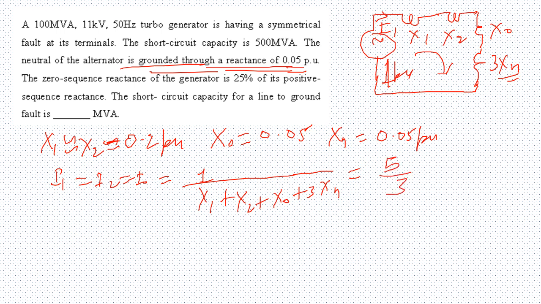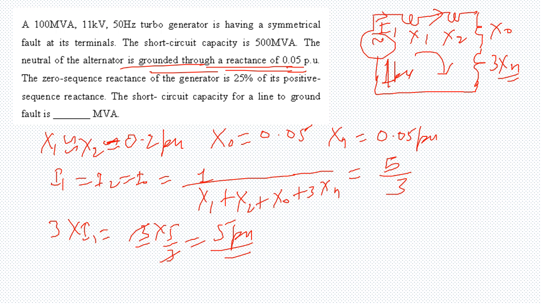Now we know that the current which will be flowing will be 3 times the current which we have found here. Please remember that it will be 3 times I1, so it will be 3 into 5 by 3, so it is 5 per unit. This is 5 per unit of current, and this itself is 5 per unit of power because your voltage is 1 per unit.